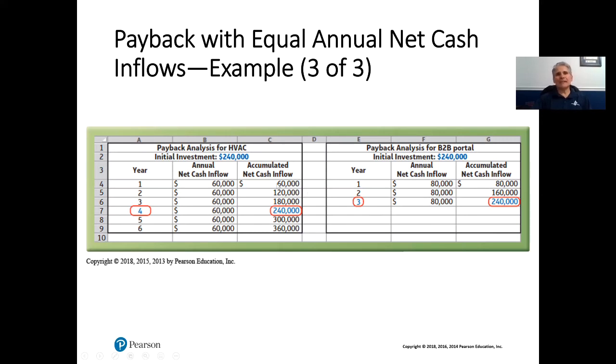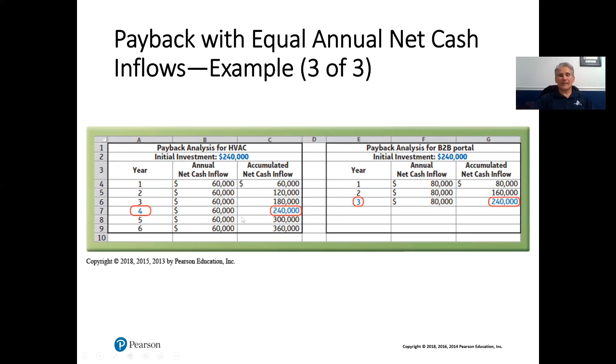If your emphasis is purely cash flow, then the obvious option is going to be the B2B portal because you get your money back sooner than the HVAC, all right? And in many cases, companies actually have a policy in place that says, look, if we don't get paid back by a certain year or number of years, then we're just going to scrap it. We're not even going to consider it.